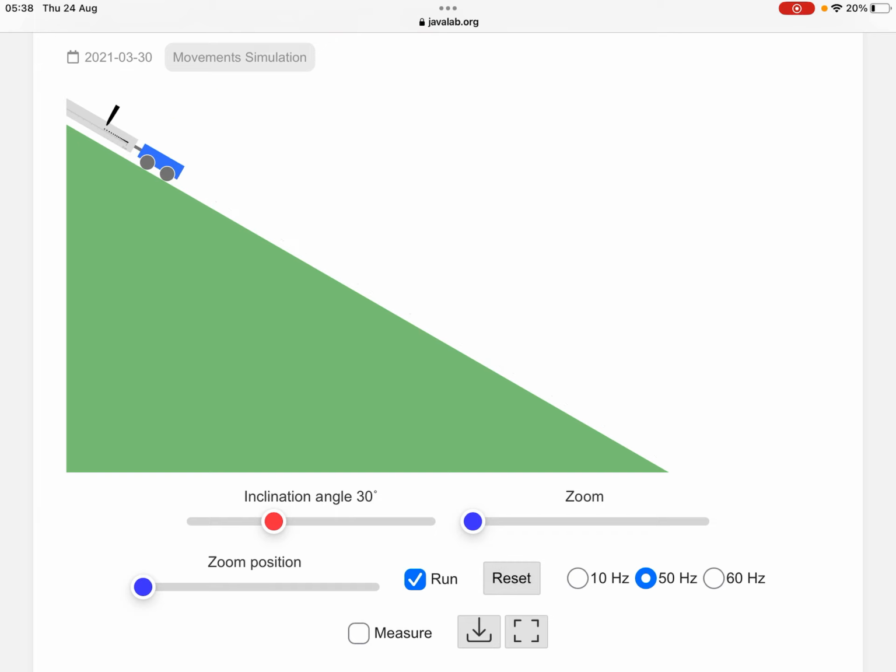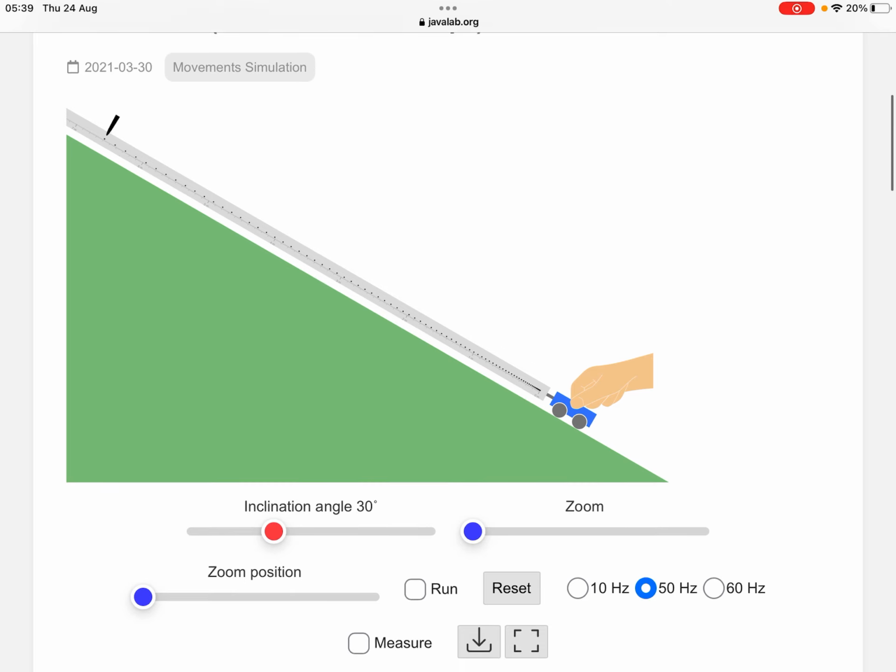So let's reset. As you can see, the motion is towards the bottom of this inclined plane, or it is in the downwards direction.